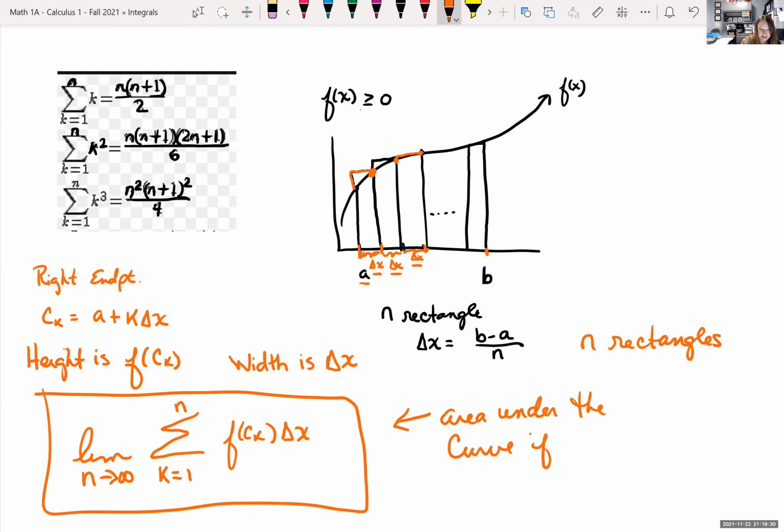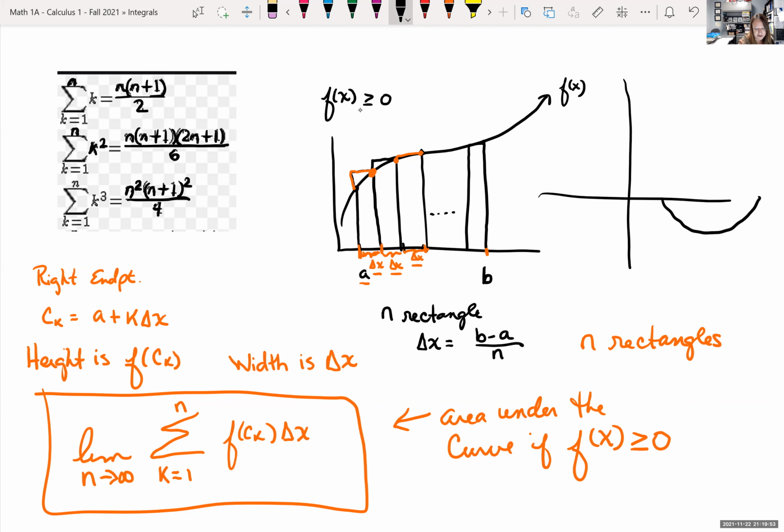I have to put on the stipulation right now that our curve is above the x-axis, so f of x is greater than or equal to 0. Let's quickly talk about what's going to happen if part of your curve is below the x-axis.